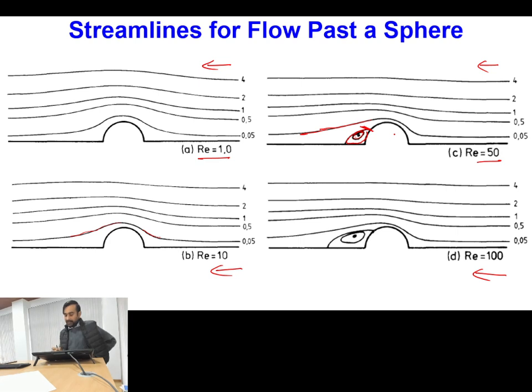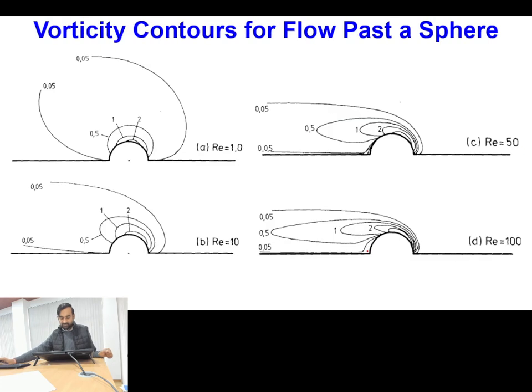Okay, and then when the Reynolds number is further increased, this separation point shifts towards the upstream direction. So this circular ring, which is growing at the rear of the body, grows in size and tries to shift the separation point towards the right. Is this point clear? So this is the basic feature.